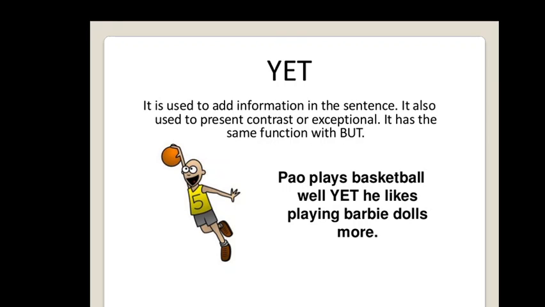Example, Pavo plays basketball well, yet he likes playing Barbie dolls more. She is very young, yet she has written a storybook. Children, we use conjunction yet to join two opposite things.